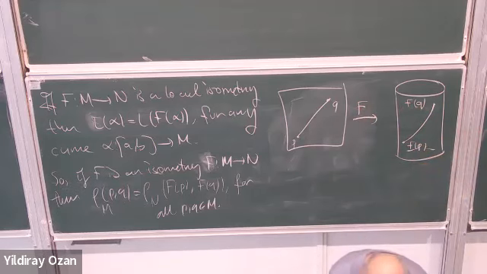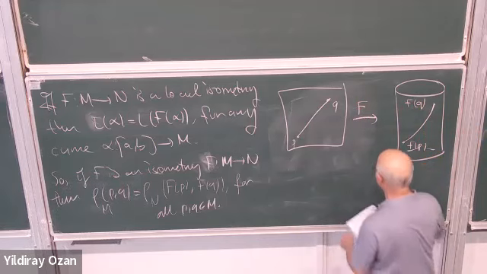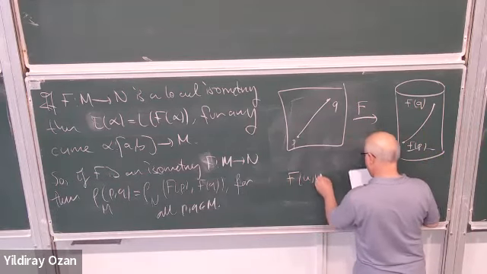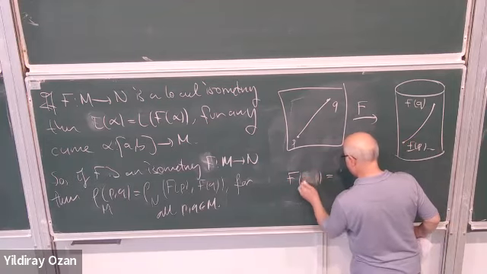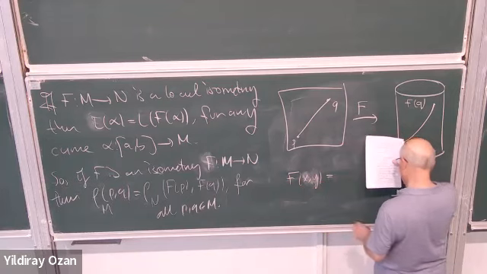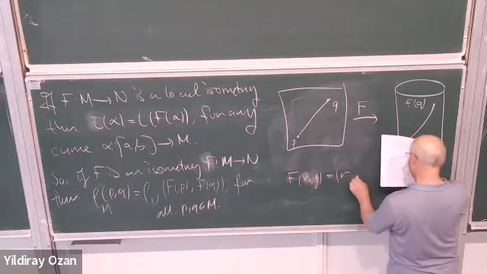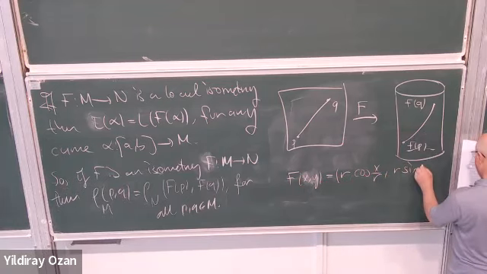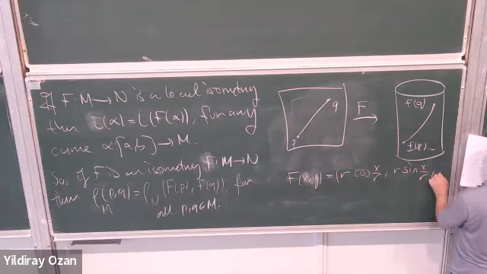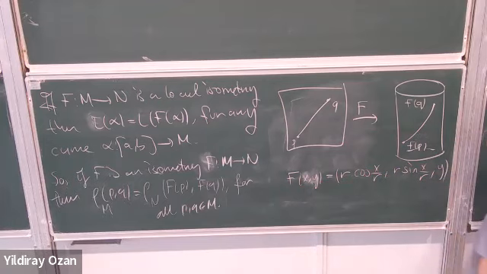Last time we also gave this example, and the isometry was this. Let me tell you the isometry. F of u, v, let's say, or F of x, y, is just R times cosine x over R, R times sine x over R, and y.